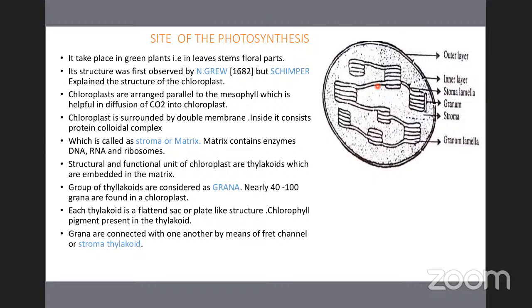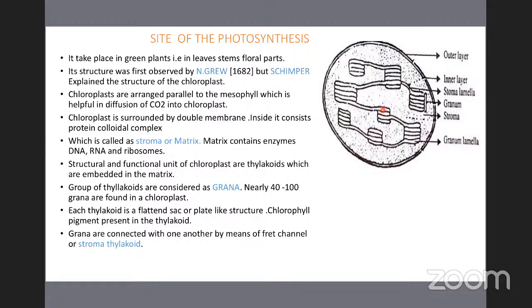That means grana groups are nearly 40 to 100 in each chloroplast. And in each grana, how many thylakoids are present? Nearly 50 to 60 thylakoids are present or arranged in each group of grana.